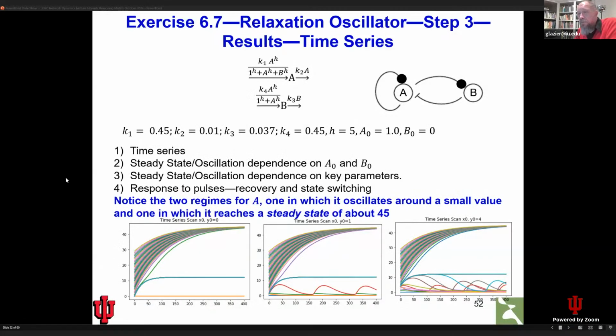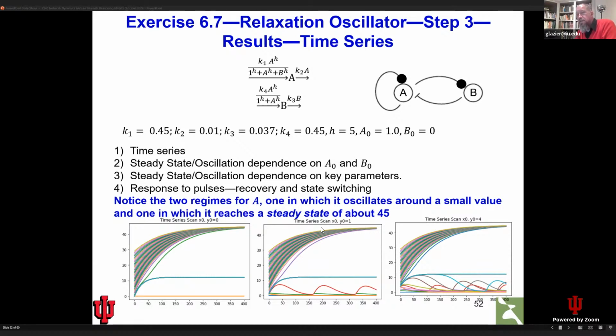A way to figure out what the ranges are, let's look at this picture. Did I? No, I killed the screen share, didn't I? So let's come back to the screen share for a second. You'll notice if I look at the plot that the high steady state has a value of about 40. And the oscillators go between a value of about 0 and about 5. So if I do a phase plot with a range between 0 and 10, I'll see the oscillators.